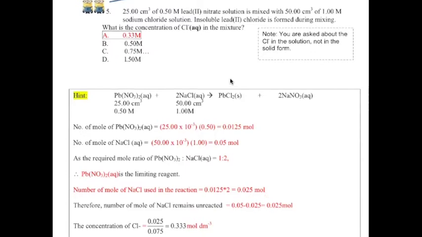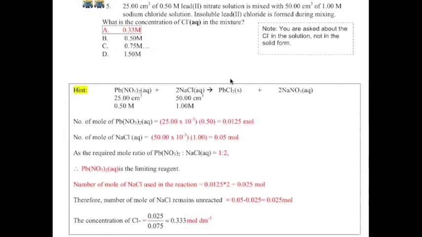But remember, this question asks you what's the concentration of the chloride in the mixture. So the remaining chloride in it, because the rest of the used part turned into a solid, a precipitate. So you won't find any used sodium chloride, those chloride, in the mixture.